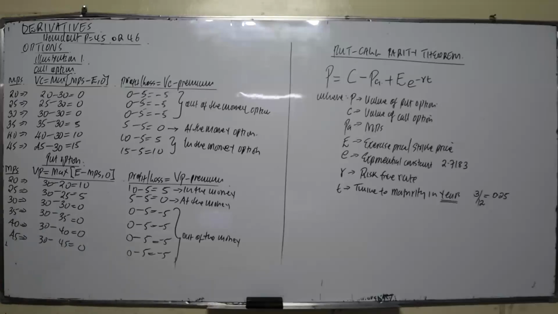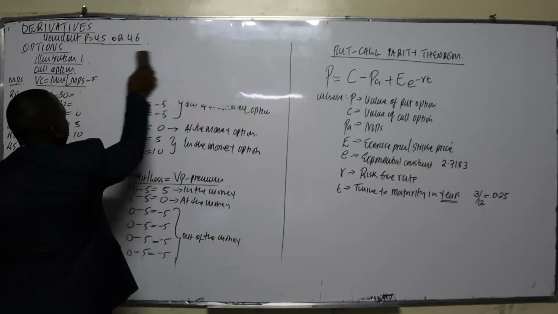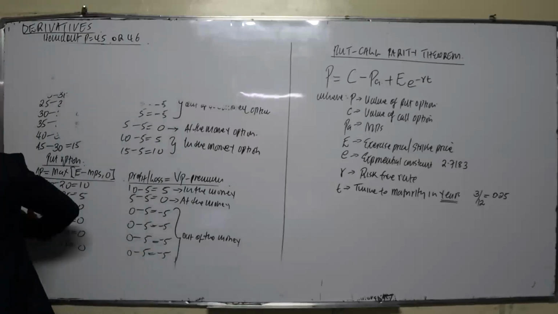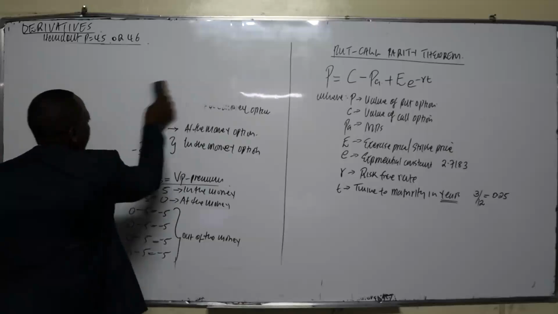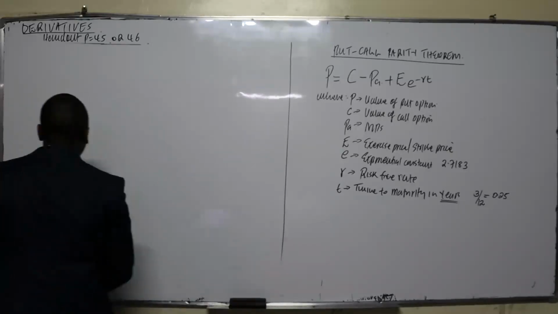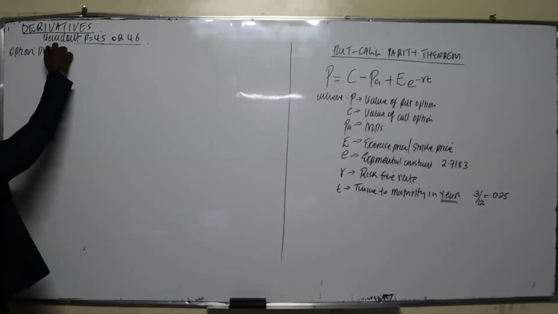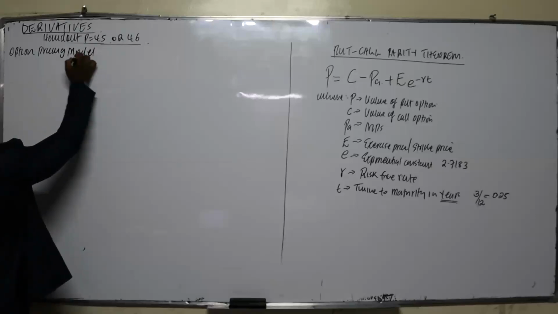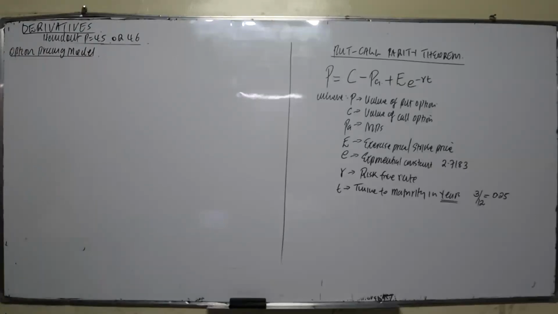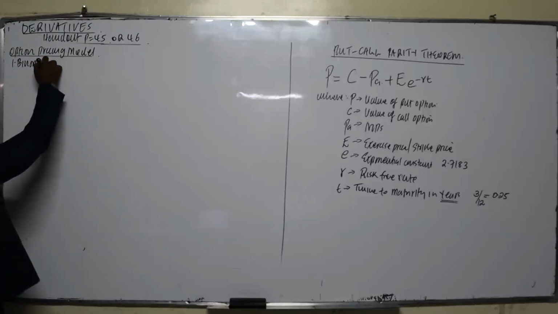Now let's look at option pricing models. How do we price those options? We have 2 models you can use to determine the value of an option. One is known as the binomial model.